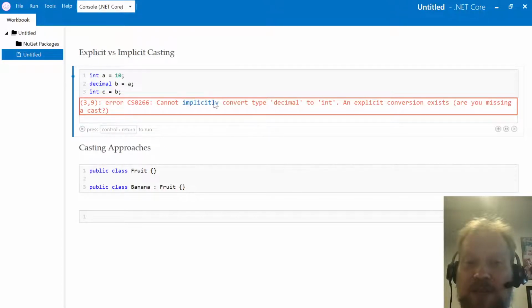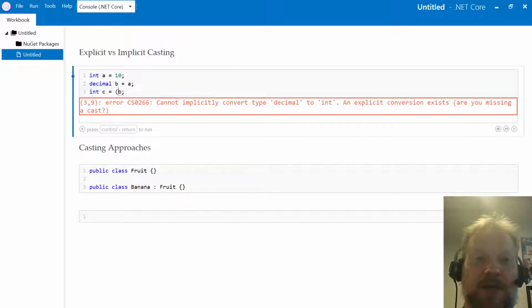Notice, again, we're saying implicit. This is attempting an implicit cast to make that decimal back into an int. An explicit conversion exists, so we know how to convert it, but we won't do it automatically unless you specifically tell us to. And we do that by doing a parenthetical cast.